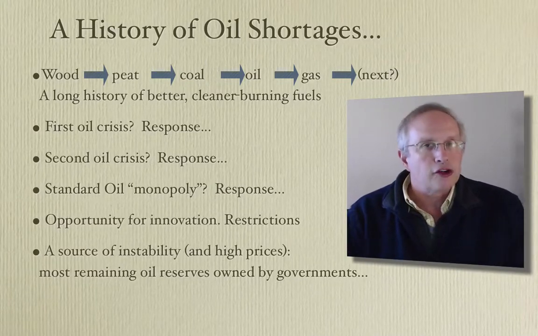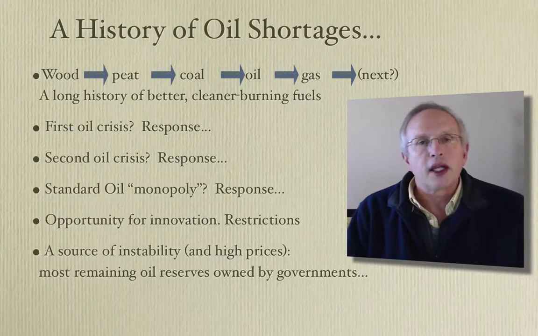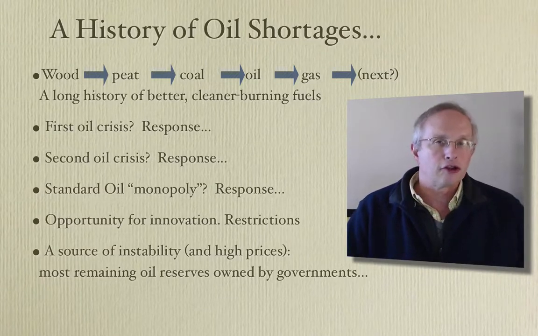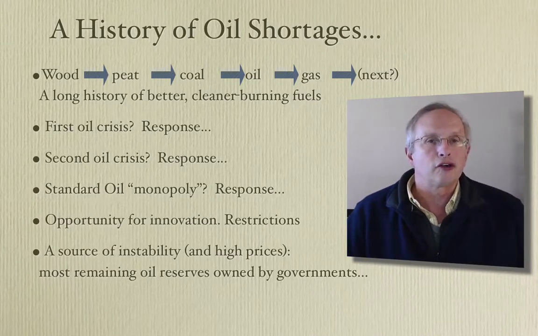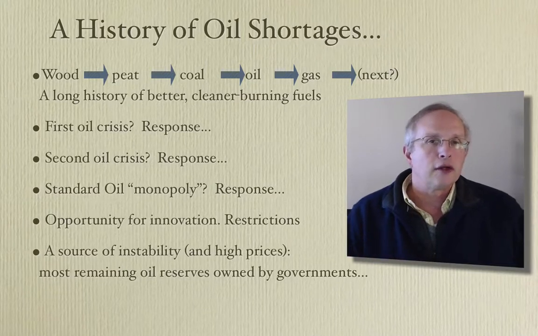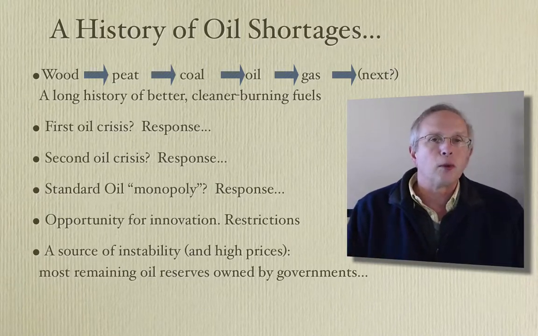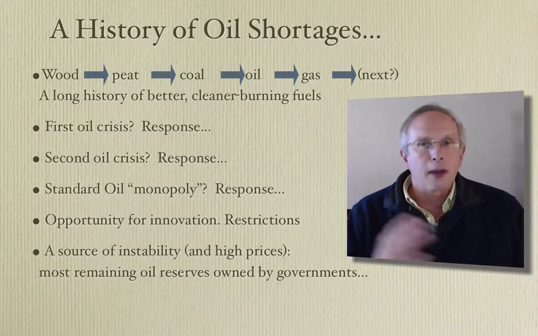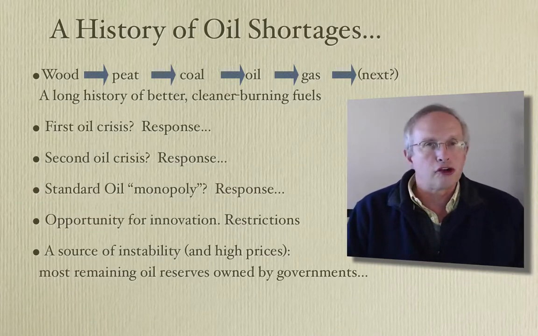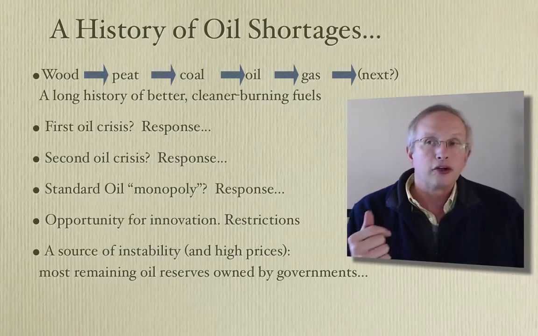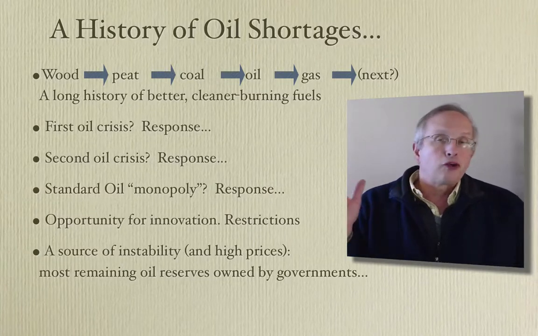The first oil crisis, this comes up in the marine natural resources topic, was the oil crisis from whales. As technology for harpooning whales increased, we dramatically lowered the whale population. The price went up rapidly.